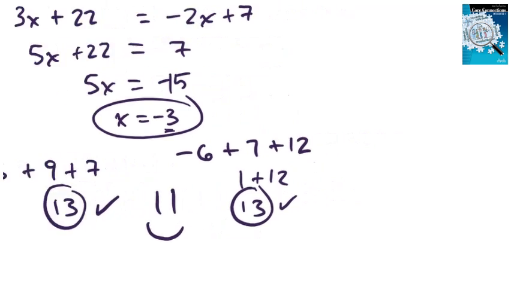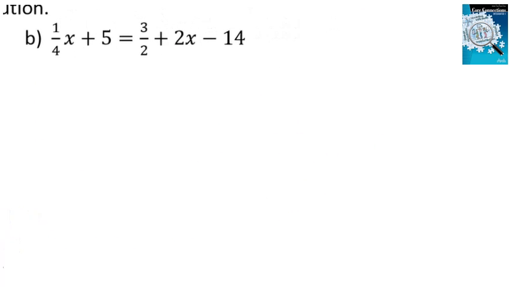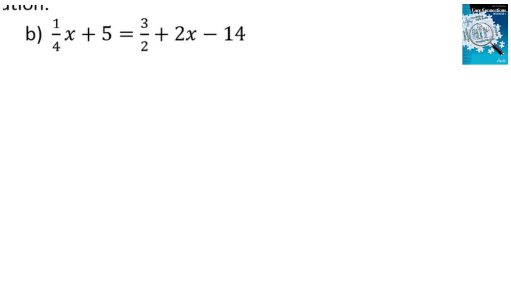Let's come over here and look at part B. On B, I'm going to use fraction busters, and I'm going to multiply both sides of this by the number 4 to eliminate these fractions. So when I do that, I'm going to write it out first.